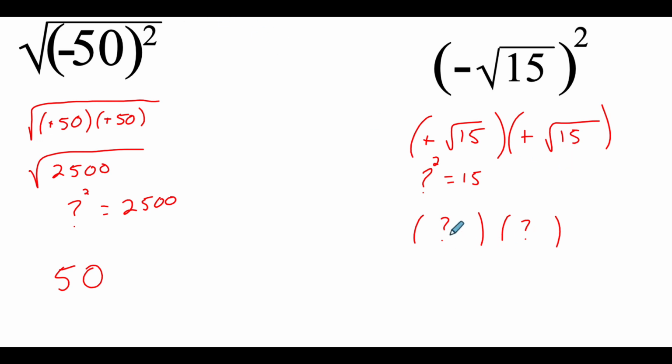So now what we're doing is we're multiplying both of these unknown numbers back together. And if we think about how these unknown numbers were created, it was some number that when we multiplied it by itself, we got 15. Well, taking this unknown number and multiplying it by itself means that we're squaring that unknown number. So because that unknown number came from square rooting 15, if we multiply that number by itself, we should get 15 as our answer again.